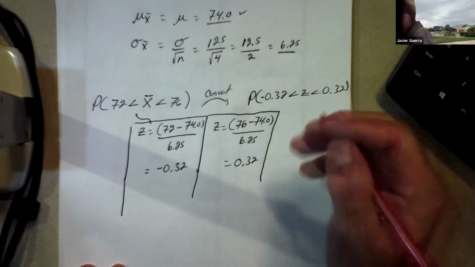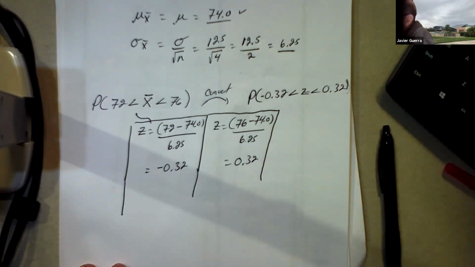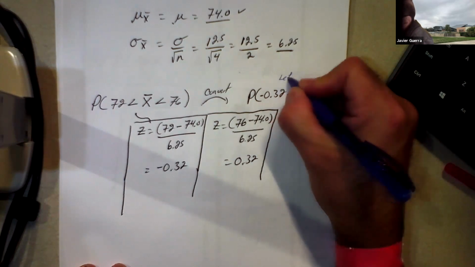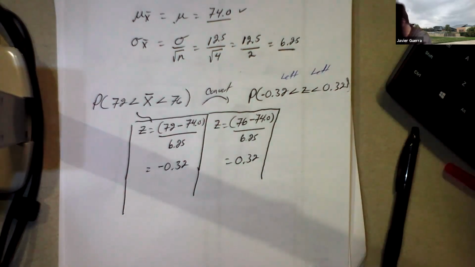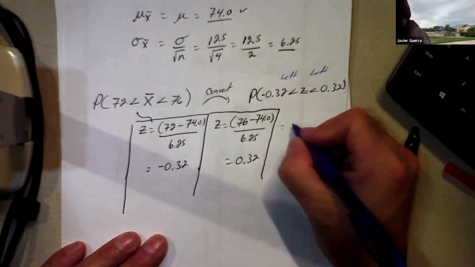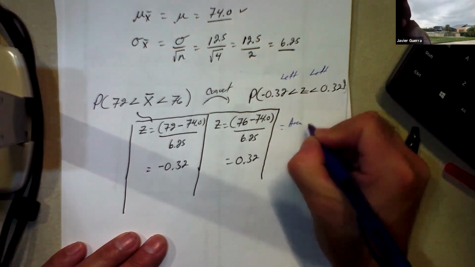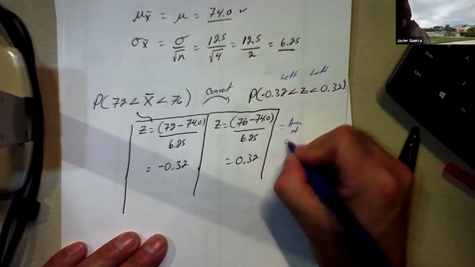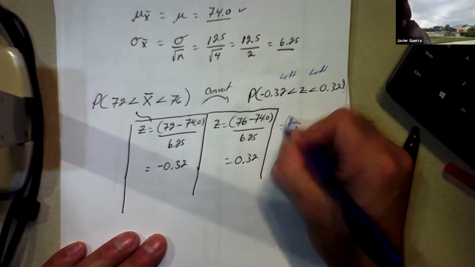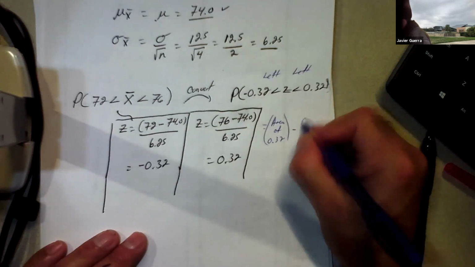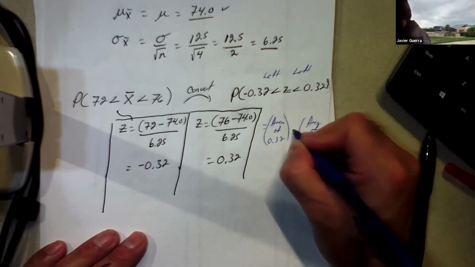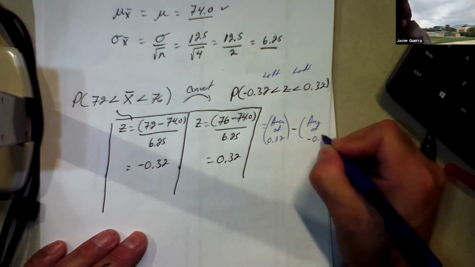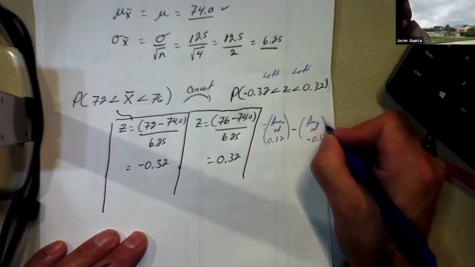Are we doing it in between? And it's to the left, to the left. Area of 0.32 minus the area of negative 0.32.